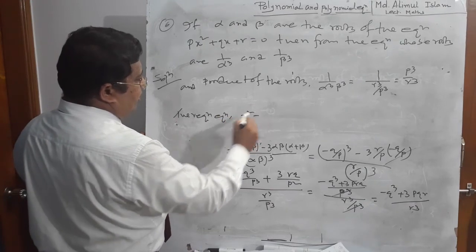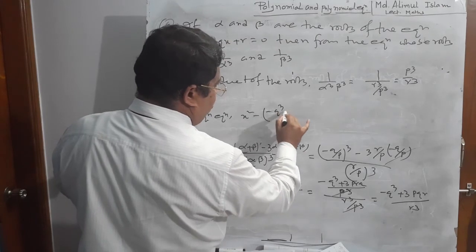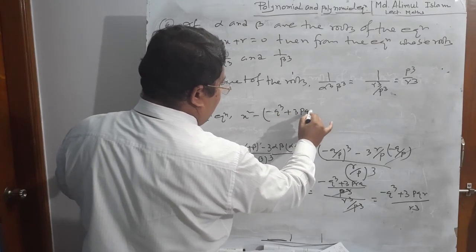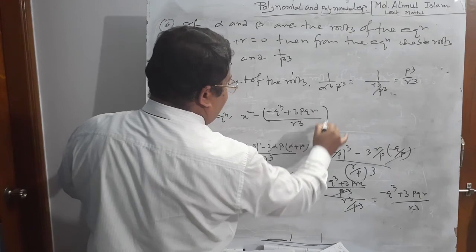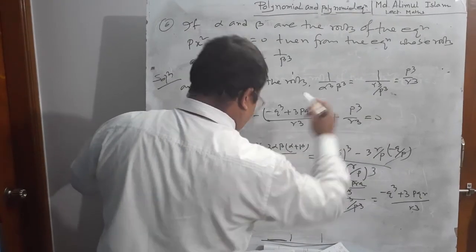The required equation is x² − (sum of the two roots)x + product of the two roots = 0. The sum of the two roots is (−q³ + 3pqr) divided by r³, and the product of the two roots is p³ by r³, equal to 0.